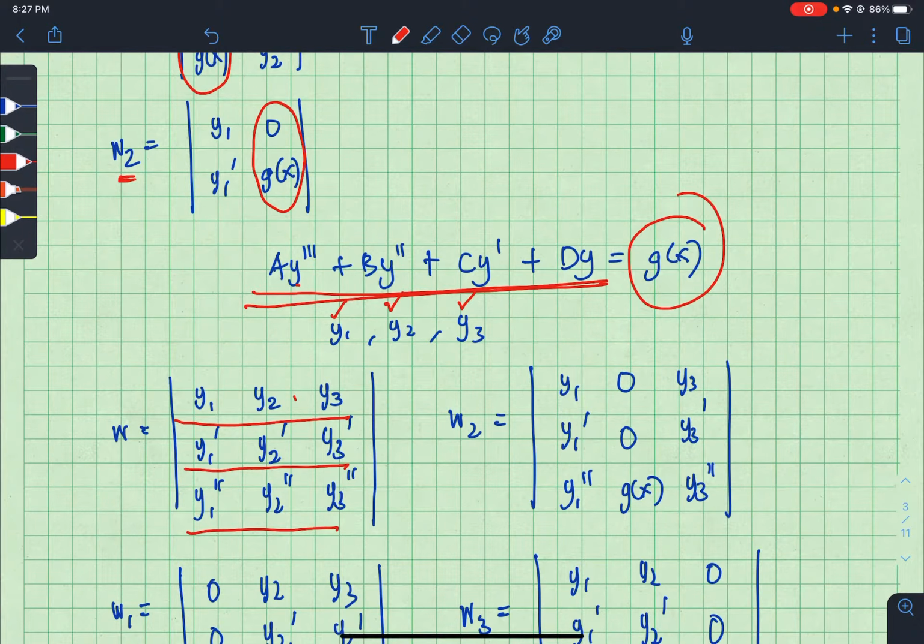So this is 0 and minus t e raised to negative 2t ln t. So negative t e raised to negative 2t ln t. Okay, so our w sub 1 would be negative t e raised to negative 2t ln t.